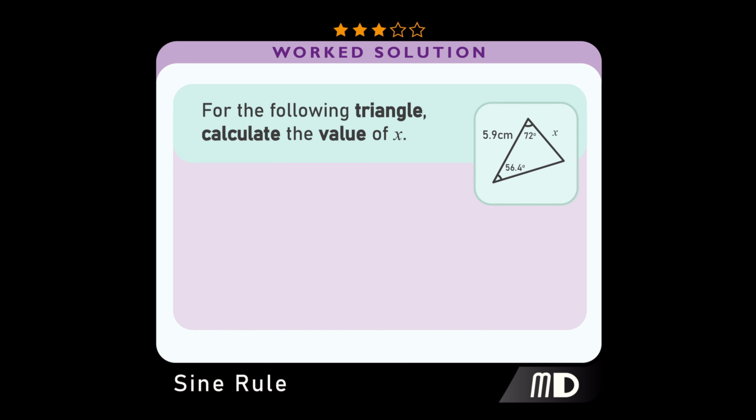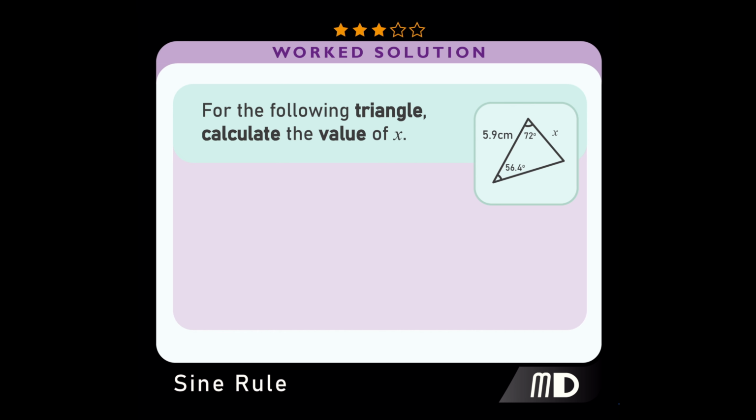Or if we know the length of two sides and the angle between them, we can use the cosine rule to find the length of the third side.